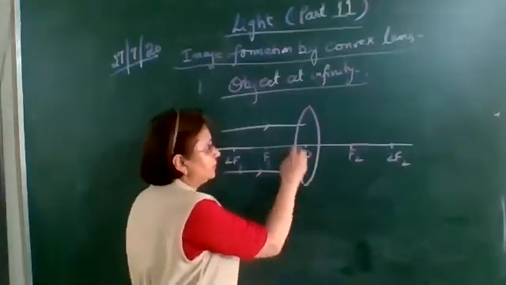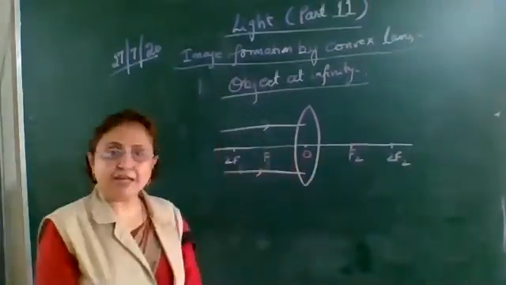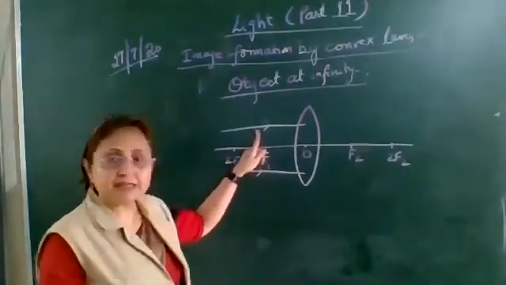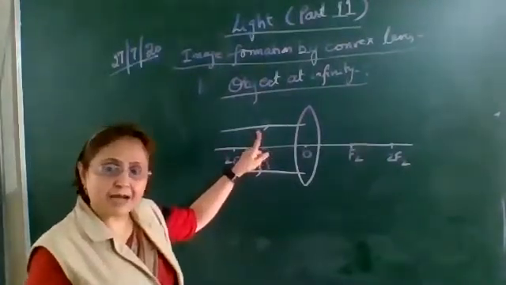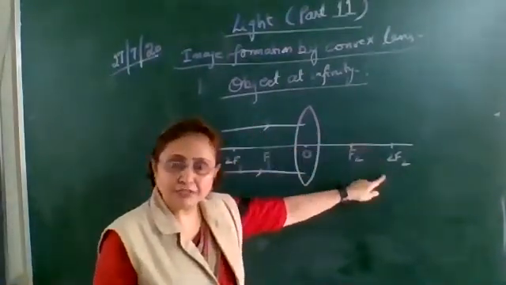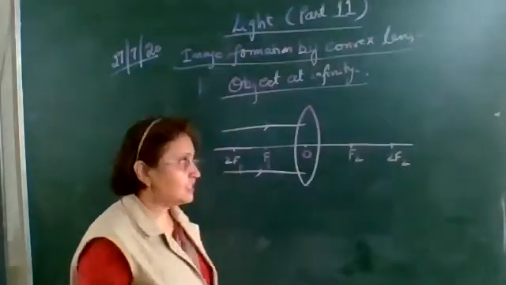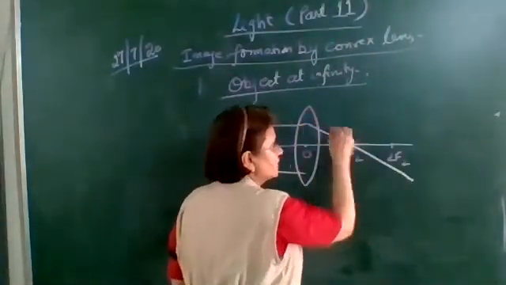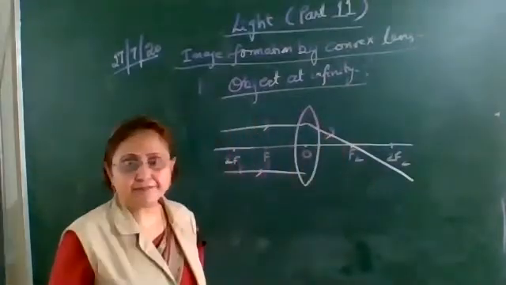Okay, now according to the rule, any ray of light, three rules we have already studied. The first rule states that a ray of light which is parallel to the principal axis passes through the focus on the other side. So this ray of light will pass through F2. So this is one of the refracted rays.